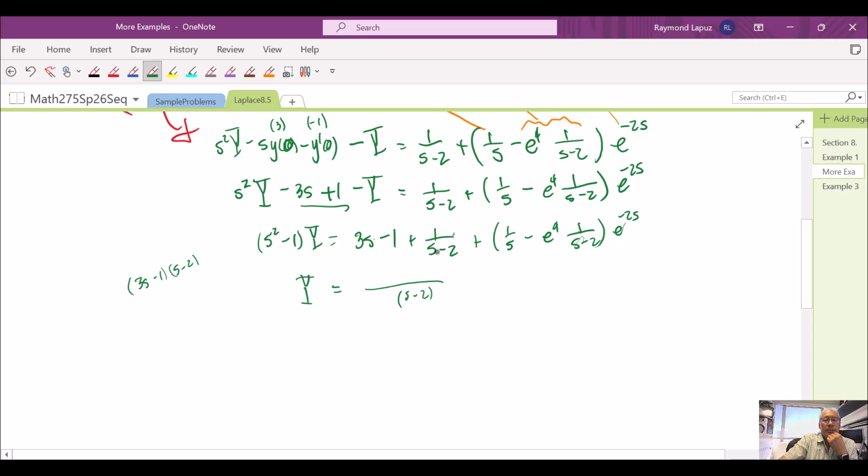So what is this numerator going to be? There's a plus 1 over here at the end. So this one foils out to 3s squared minus s minus 6. So that's minus 7s. And then plus 2 plus 1. So that's a plus 3.